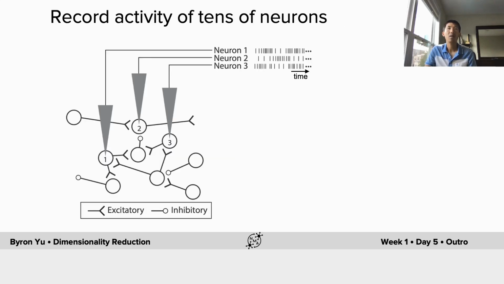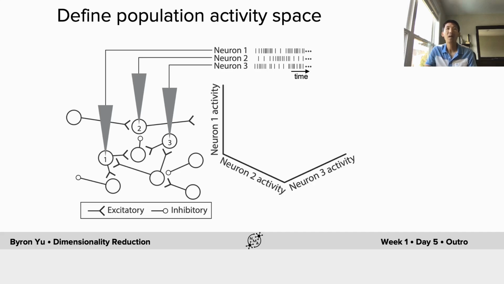So here is how we think about our neural activity. We record from a population of tens of neurons, and in this cartoon, I'm just showing 3 neurons. Then we define a population activity space where each axis represents the activity of 1 neuron.